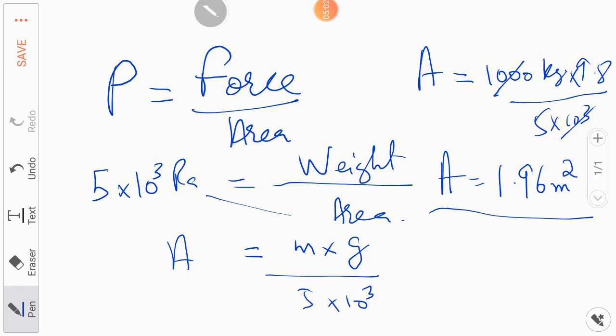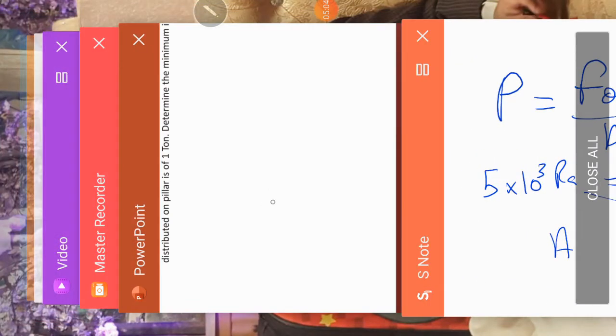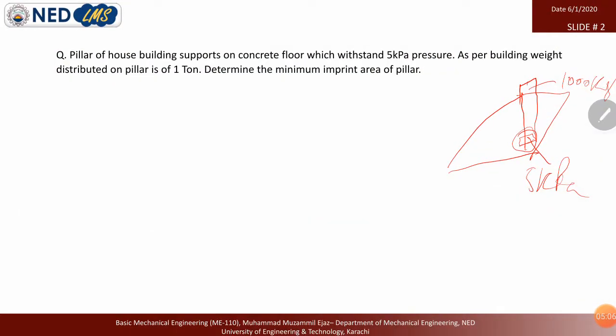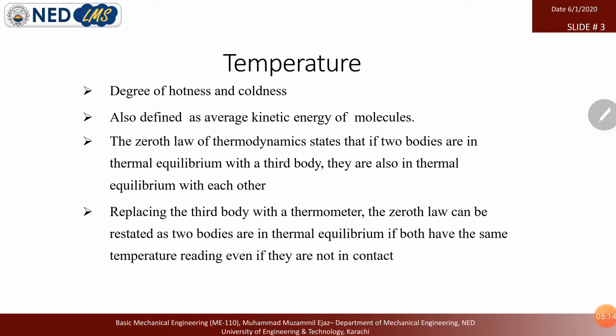Normally we keep a factor of safety of around 2 or more, but in critical applications the factor of safety can be more than 2. So now move on to another topic. In the last slides of lecture 4, we covered the parameters. One important property of thermodynamics is temperature, and the law related to temperature is the zeroth law.